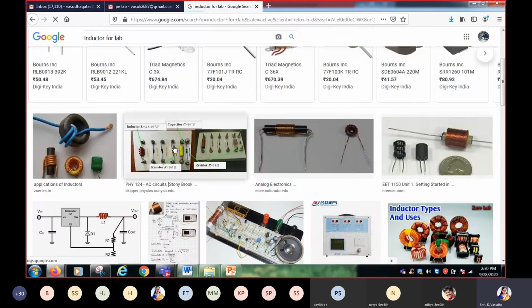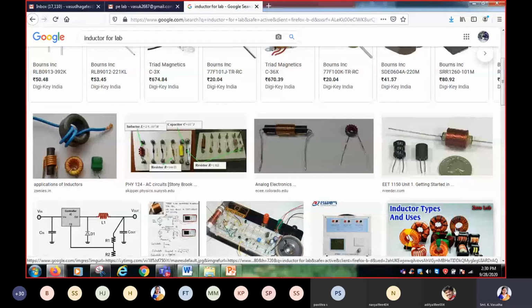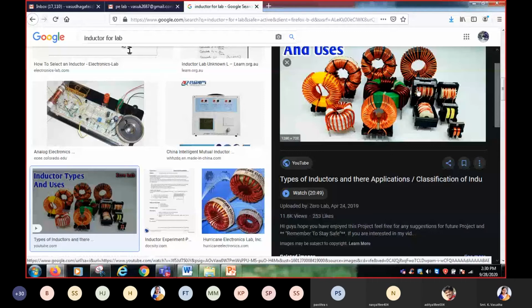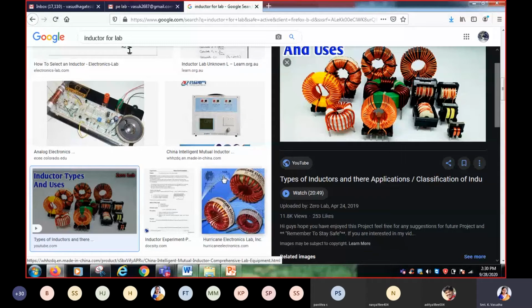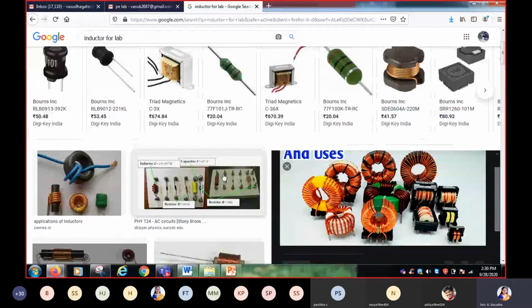The one we use in lab will be like this. Are you able to see? I'm pointing to one inductor. These are core type inductors. We won't be using this in lab. If we want, for any project purpose, we can use it.